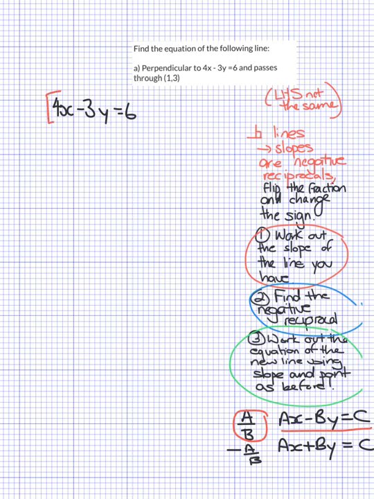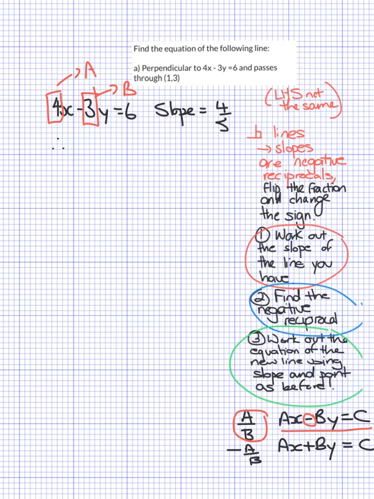Now a is 4, it's the coefficient of x. b is 3. Okay, the negative sign we don't worry about because the negative sign is taken into account here. So therefore, we know that our slope is going to equal a over b, which is 4 over 3.